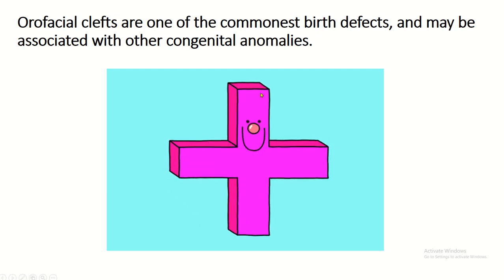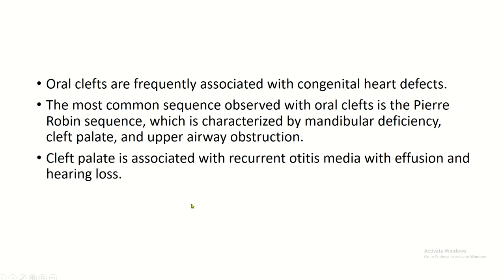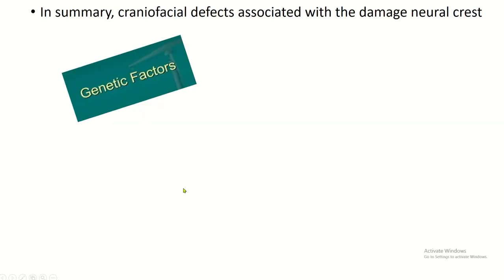Orofacial clefts are one of the commonest birth defects and may be associated with other congenital anomalies. They are also associated with congenital heart defects. Some sequences are observed with oral cleft, the Pierre Robin sequence, and sometimes otitis media with effusion and hearing loss are also seen associated with the cleft palate.